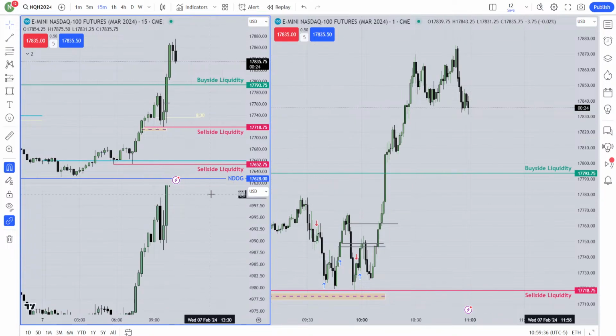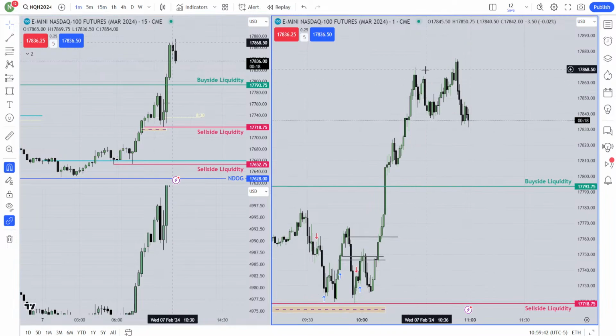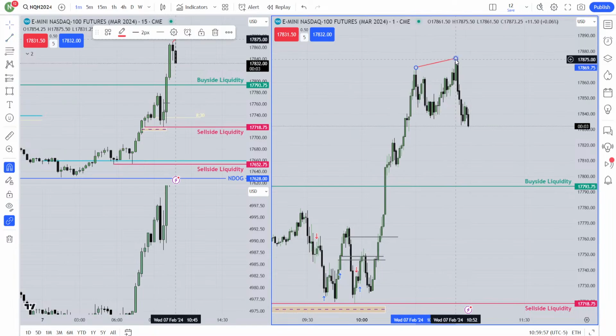I have to go to the one minute chart, but at the same time there will be a setup. Look over here. This high has been taken by Nasdaq, because it is very strong. Look at that high. It has taken that high. So I got this thing.